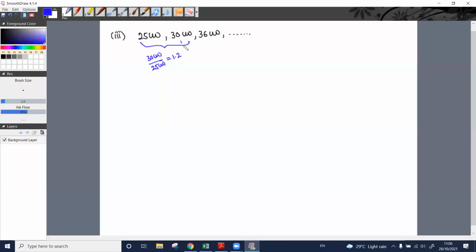And if we consider these 2 successive terms and divide the later term by the earlier, 36,000 divided by 30,000, again we are getting the answer as 1.2. So there is a common ratio. If there is a common ratio, then that is a geometric progression.